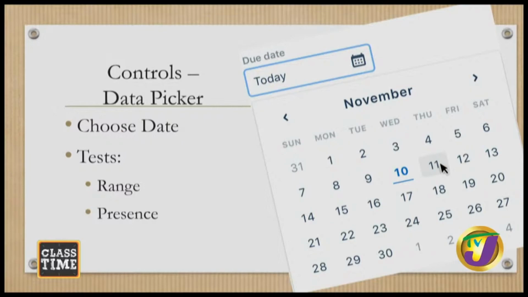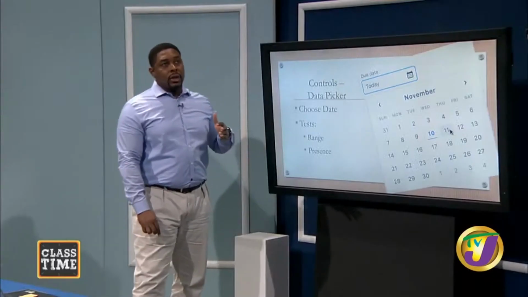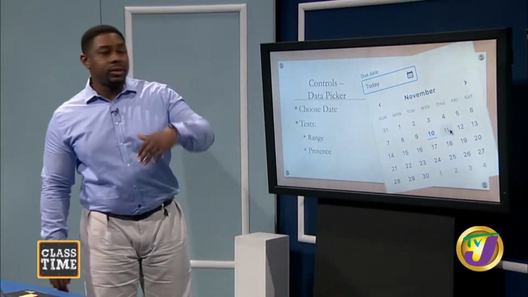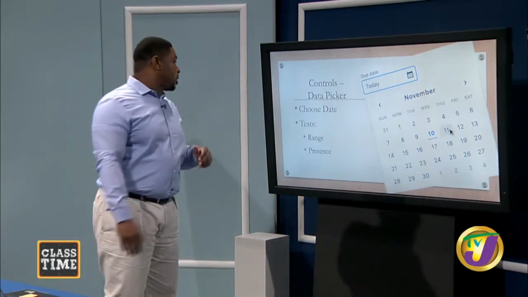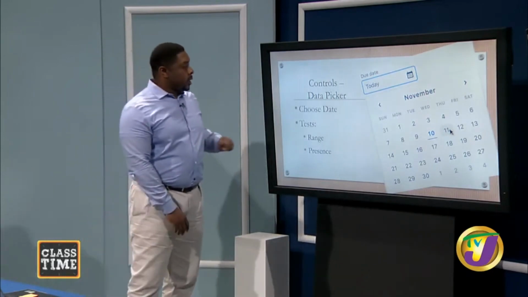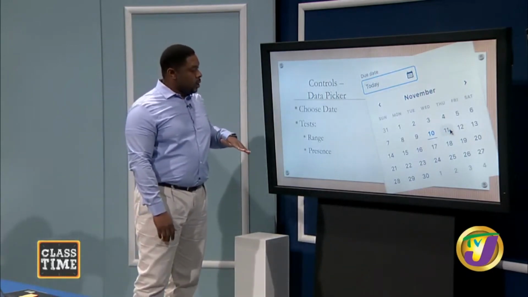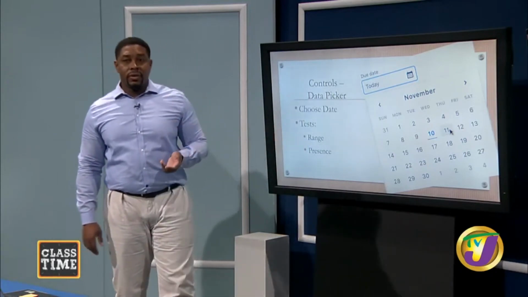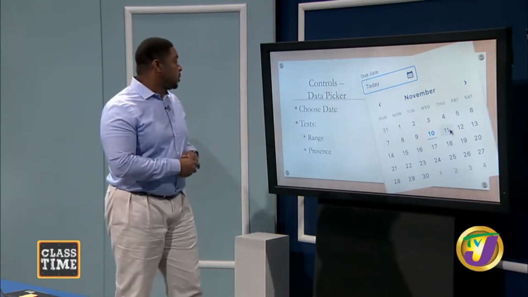So if it's a date of birth, or, well, not date of death, but date of marriage, date of registration, stuff like that. And this also needs a range and presence check more often than not, depending on what you want to do.